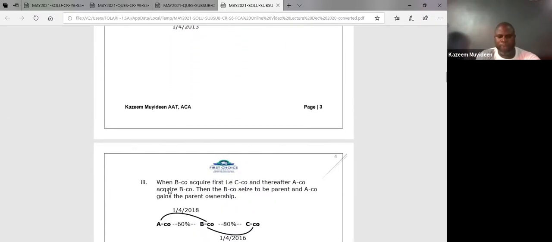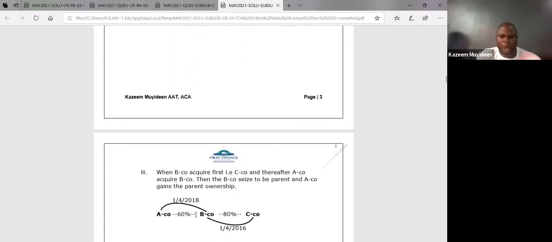The third one, ECO acquired BICO 60%. BICO had been trading with SICO initially. BICO acquired SICO in 2016. Then on 1st April 2018, ECO now acquired BICO.